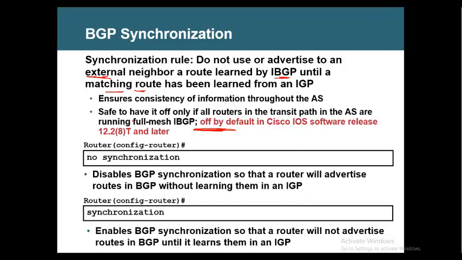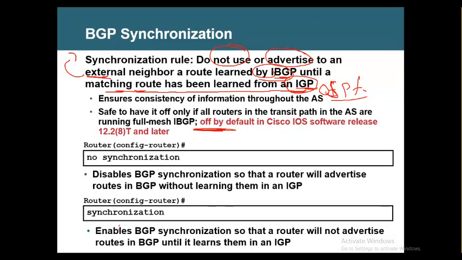We are not supposed to advertise a route learned from an IBGP until the same route has been matched by OSPF or EIGRP or any IGP route advertisement.